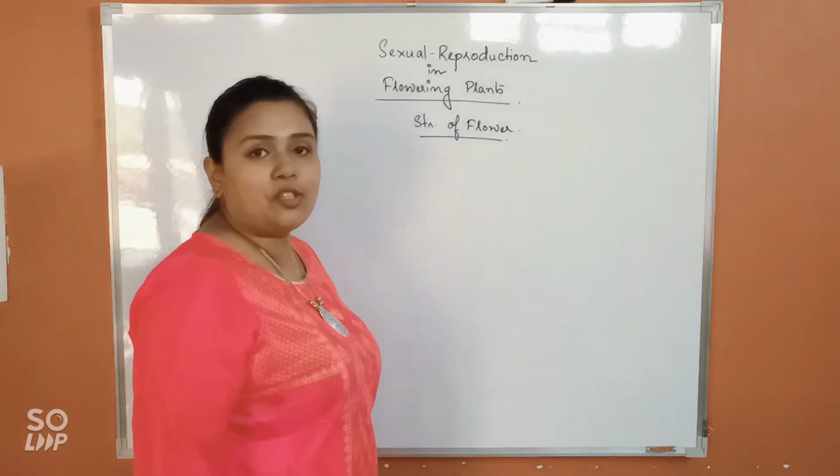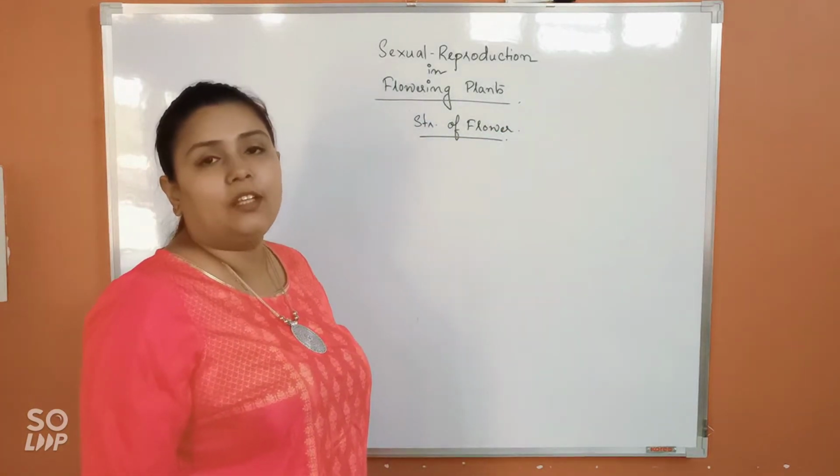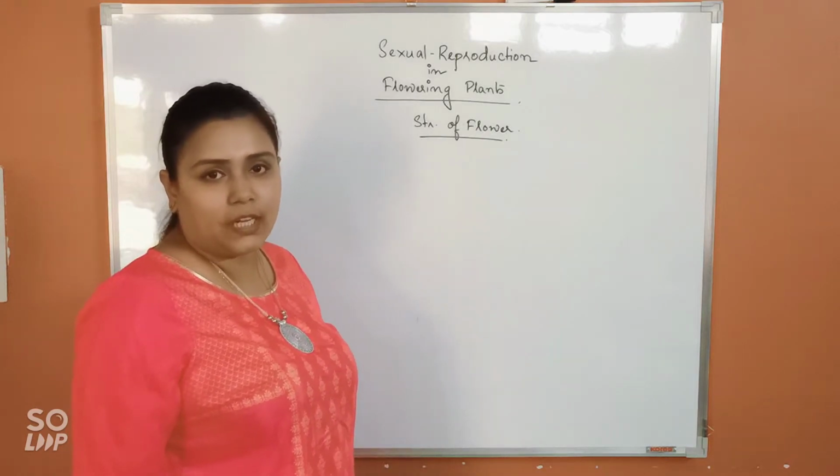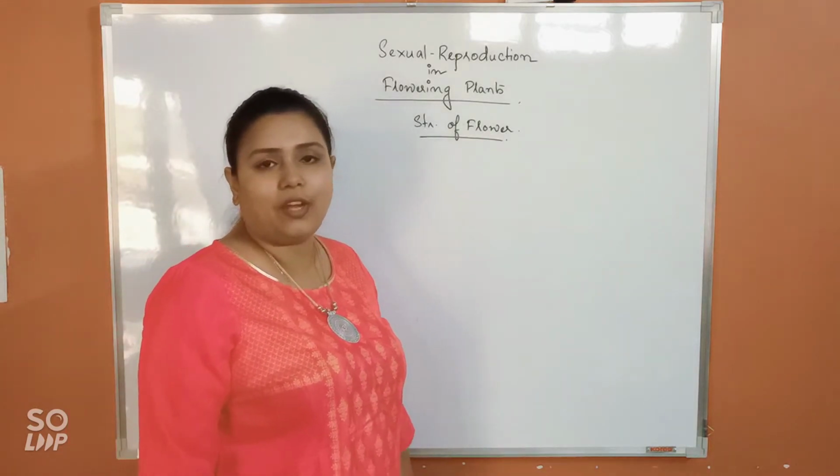You have studied the structure of flower in so many chapters. In morphology chapter or in plant kingdom, we have discussed it so many times, but there is no harm in revising, right?